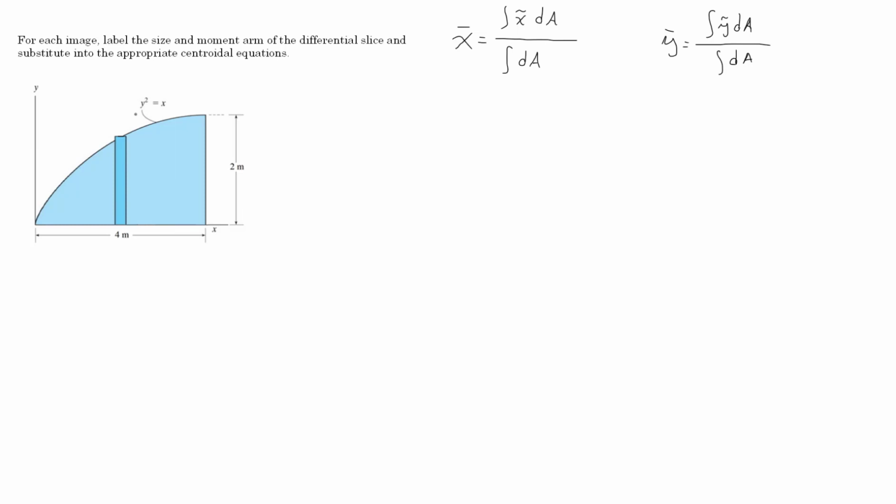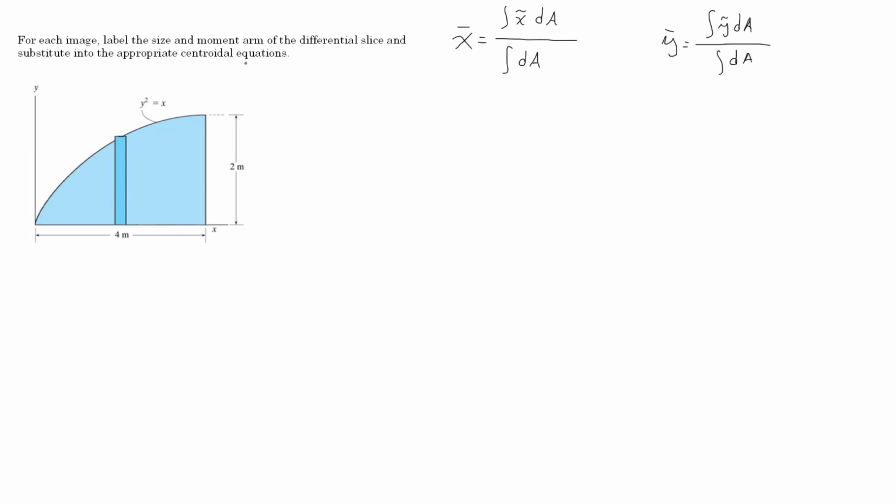The picture is showing me the shape. It's a parabolic equation. This is the shape. My equation is x equal to y squared, or y squared equal to x, same. So my first step is to propose the position of my slice.